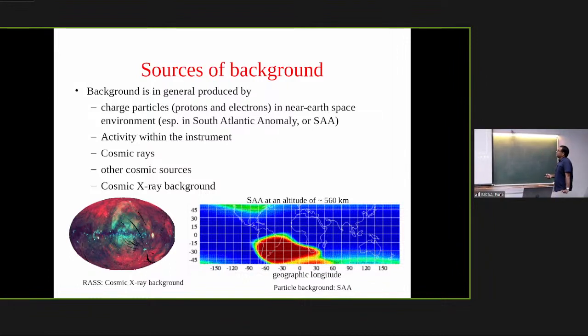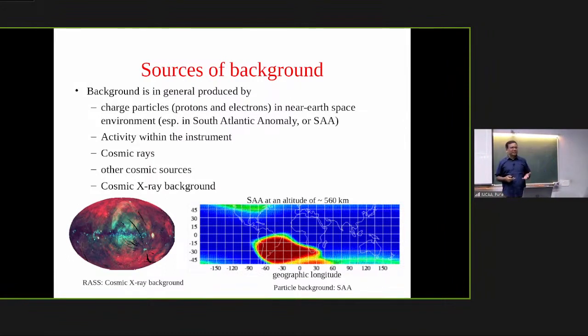For example, this is the South Atlantic anomaly. This is the region above something like 500 kilometers above Earth's surface. This region, the so-called South Atlantic anomaly, has a high concentration of charged particles. Whenever the satellite passes through, it interacts with lots of these charged particles.